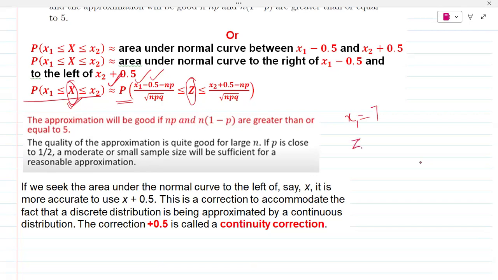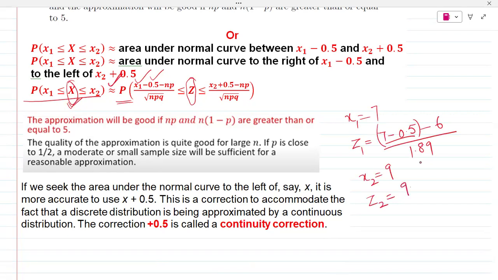So what was the value of z1? It was 7 minus 0.5, which was 6.5, minus the mean 6, divided by sigma, which was 1.89 something.